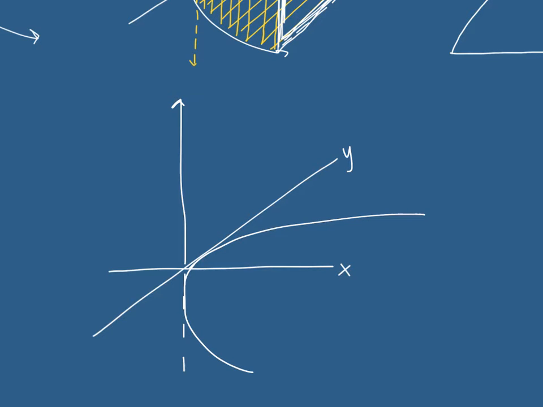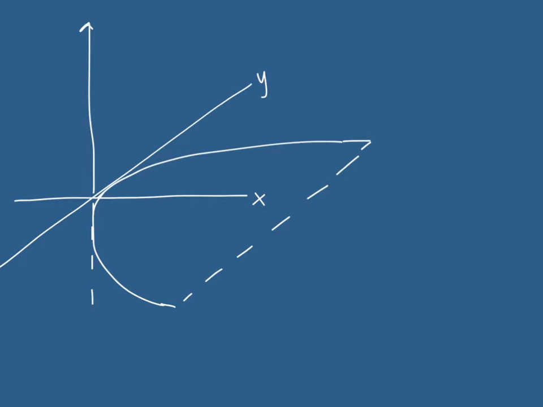And make one edge longer than the other for perspective, and then draw something parallel to the y-axis that'll be your edge. Okay, so that's our second try. We're going to try this again.